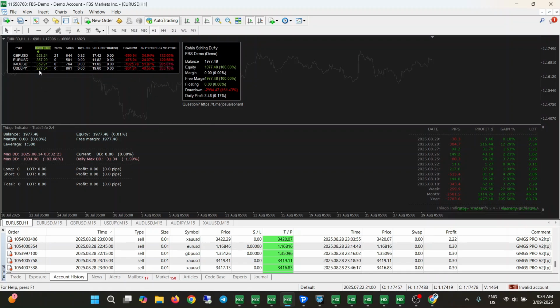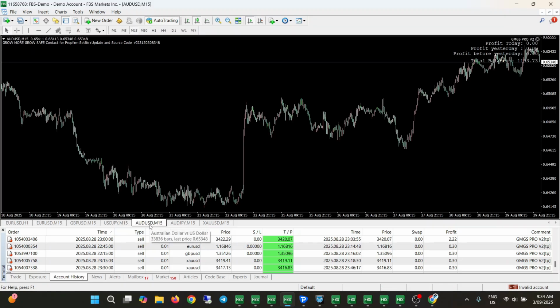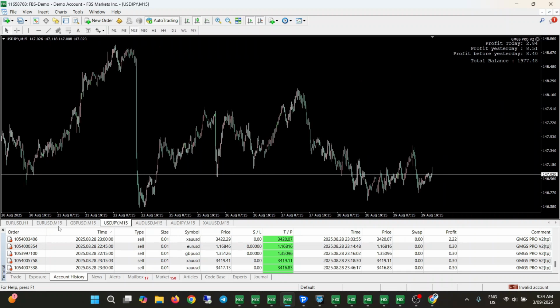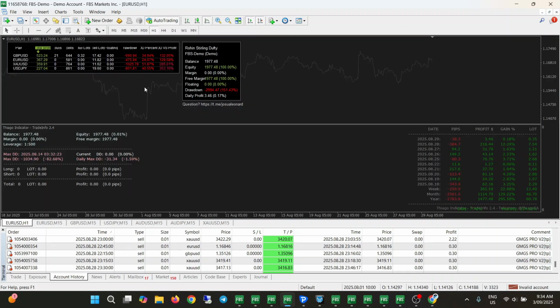USD JPY didn't do well either, and I've got it on a few other pairs, and it doesn't seem to have traded them. So it didn't trade AUD USD, it didn't trade AUD JPY. So it seems to only be trading GU, EU, gold and USD JPY for some reason. It won't trade on any other pair. I've tried other pairs on it, but yeah, it didn't.